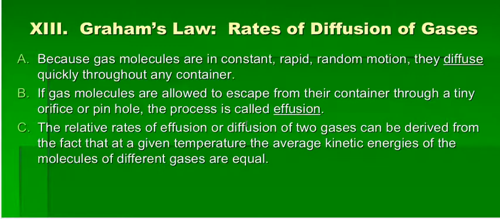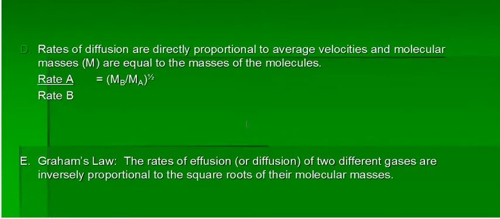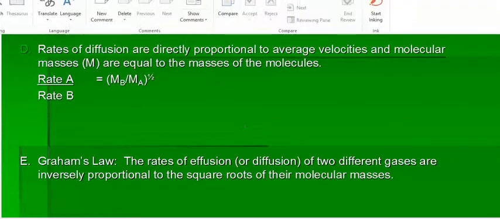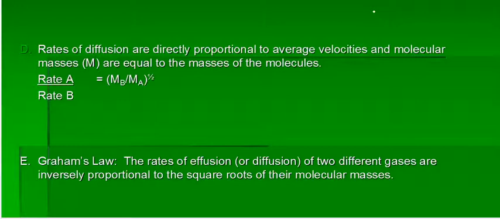The relative rates of effusion or diffusion of 2 gases can be derived from the fact that at a given temperature, the average kinetic energies are equal. I'm not going to go through the derivation here under letter C. It's not really pertinent to what we are doing. So the rates of diffusion are directly proportional to the average velocities, and molecular masses are related to the masses of the molecules. So Graham's law looks like this.